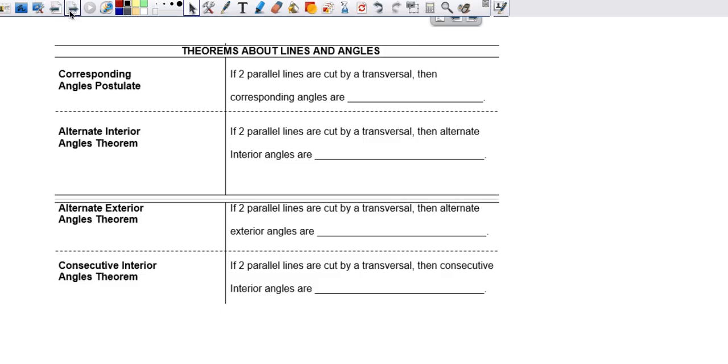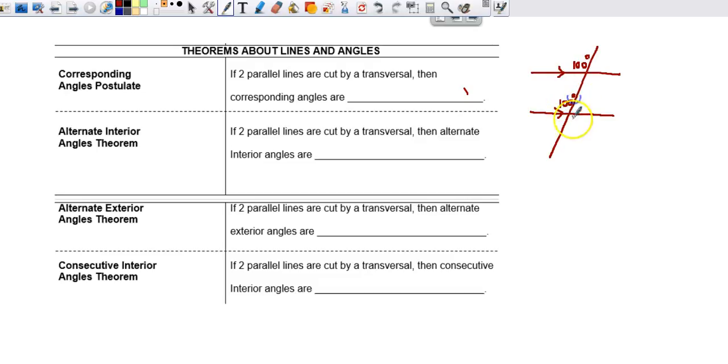I'm going to write a few things on here. Basically, what it boils down to is if I make those lines parallel, then what's going to happen is these angles all will have either one or two options, okay? This angle right here, if I call this like 100 degrees, well, then the corresponding angle is going to be 100 degrees.